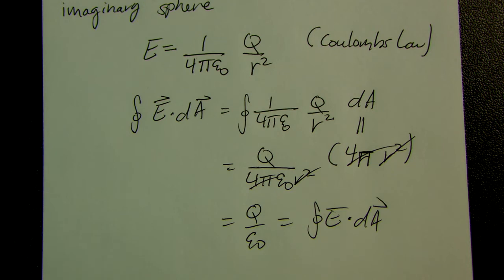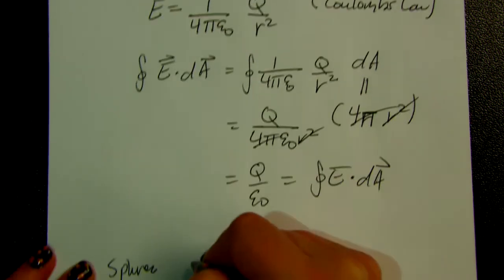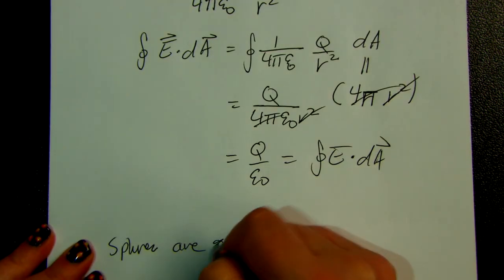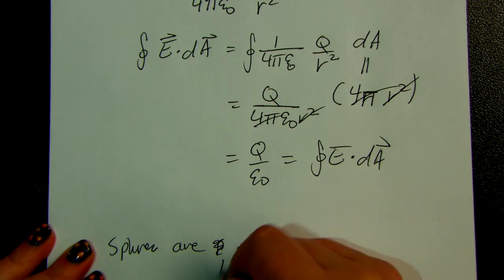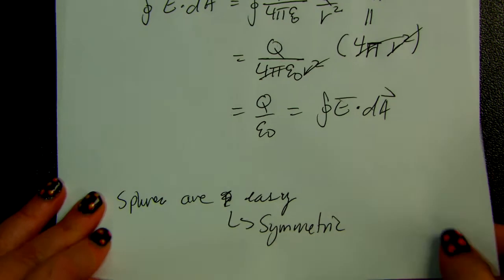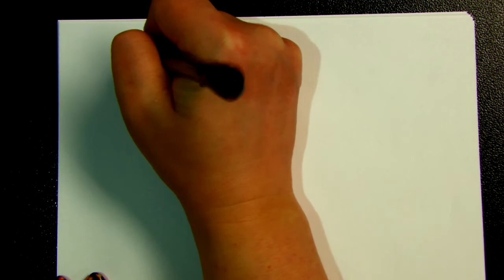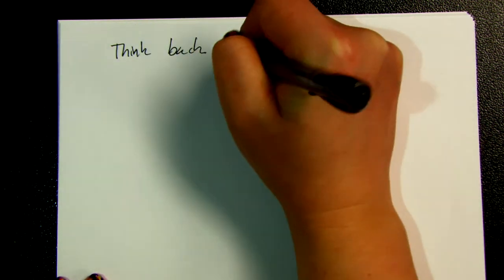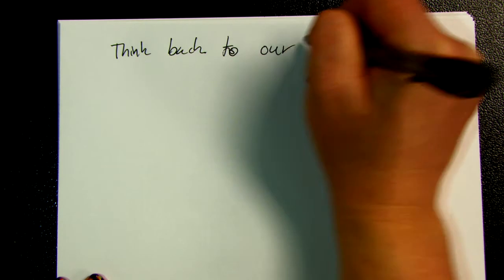Pretty cool. All right, so that works for a sphere. Spheres are easy. They're symmetric. So let's look at some more general situations. If we look at the formula again, now we're going to think back to our 2-point charges.